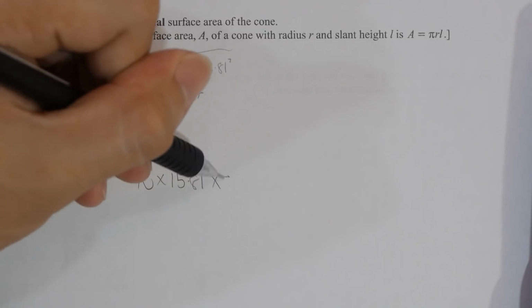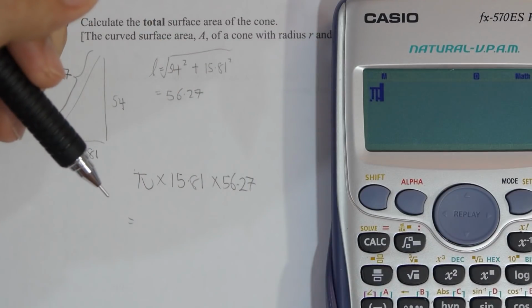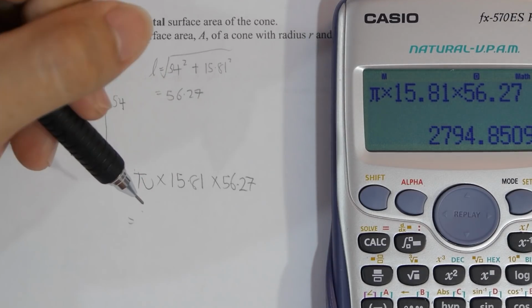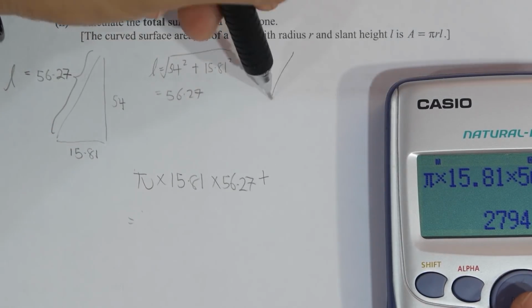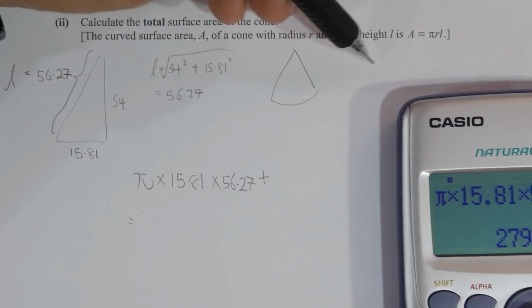And also one more thing, for the final result you are required to add in the base area as well. Okay, so by running a calculation, you'll be able to get the final result.